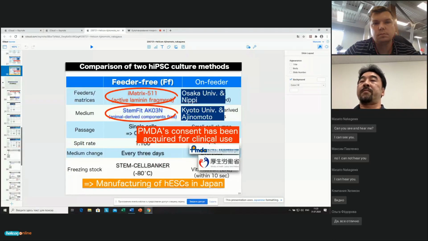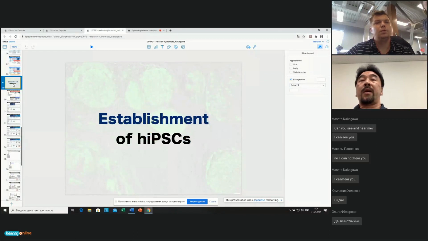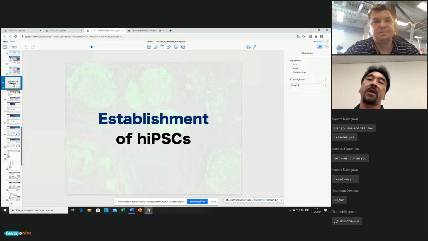So these two materials are used very safely for clinical application with iPS cells and ES cells. Next slide, please. So we succeeded in developing a novel feeder-free culture system for clinical application.